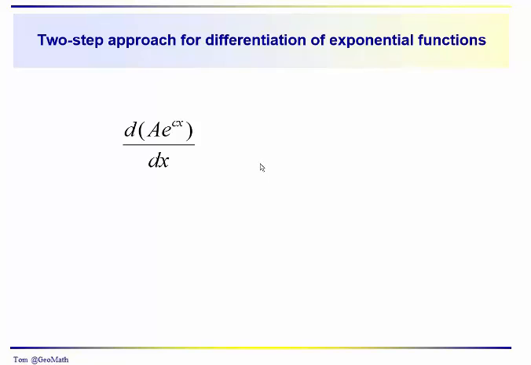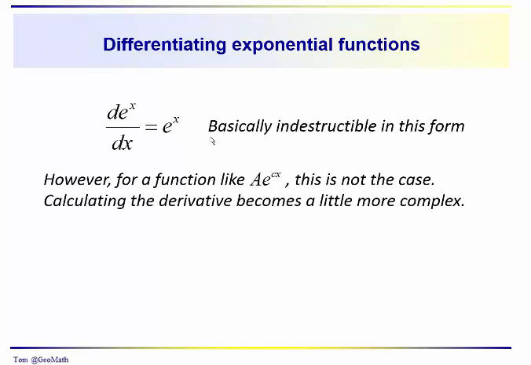However, the differentiation of the exponential function that we just looked at, a times e to the cx, does fall out pretty simply. It's a two-term combination. The first term is just your function, rewritten.